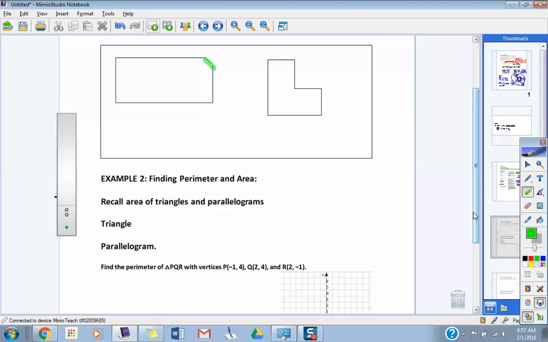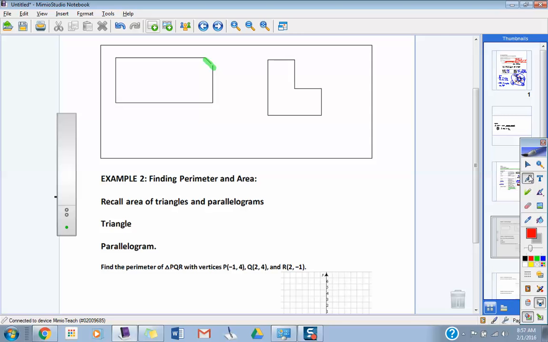First of all, guys, how many sides are there to this shape right here? Count. How many sides? There's 5 sides, right? So what shape are we going to call that? 5-sided figure. What do you call that? Pentagon. Okay.